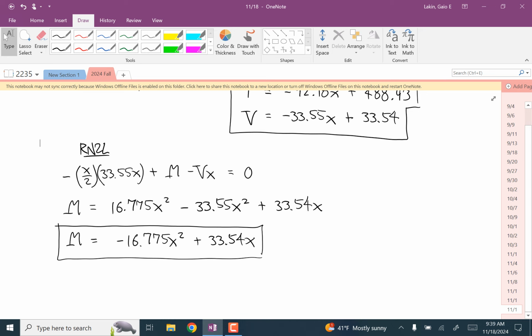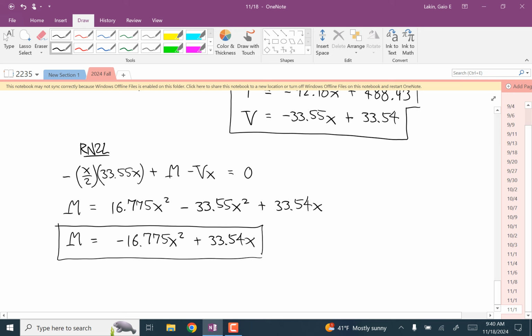You can see that at x equals 0, the bending moment is 0. At x equals 2, if you don't worry about the round off error, we got 0 at that end too. That's because there's no point couples at either of those two ends. And so all of these rules still have to apply in this case with the funky coordinate system and everything.